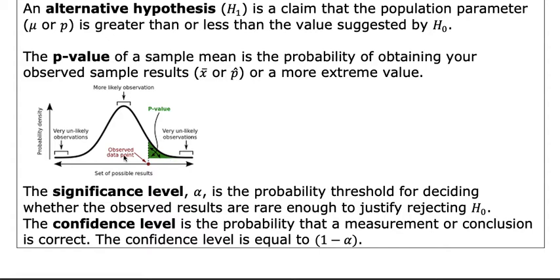And then it's likely that the true population mean or population proportion p is further to the right than what is being claimed, so that the distribution might actually be shifted over to the right-hand side, and then we reject the null hypothesis. However, if our p-value is closer to the mean than our rejection region or our significance level, then we're going to accept the null hypothesis because it's not a rare result.